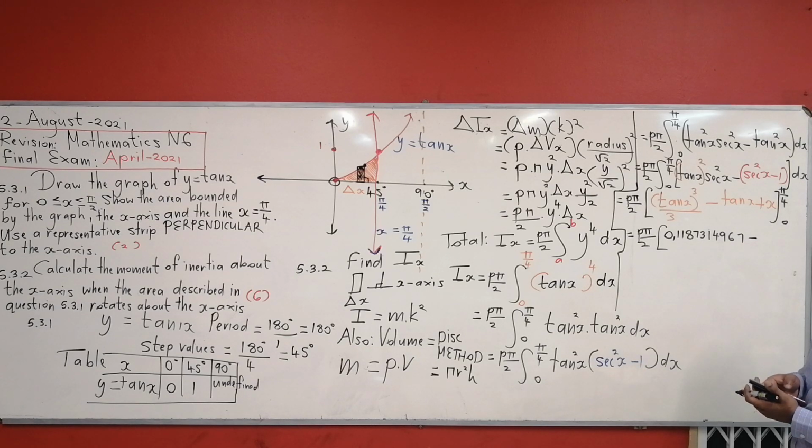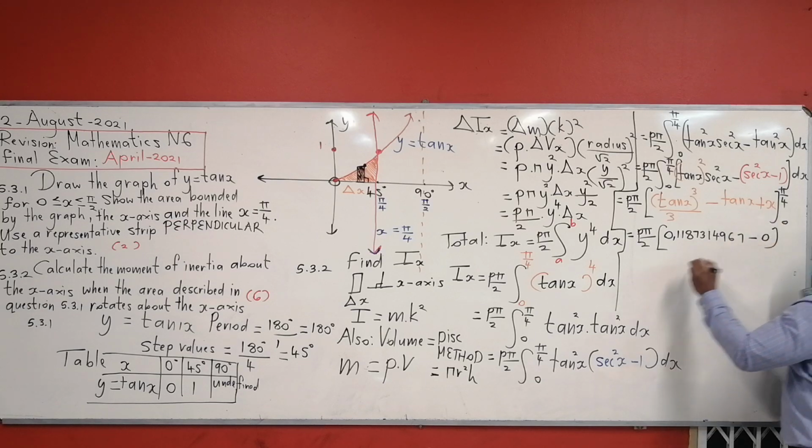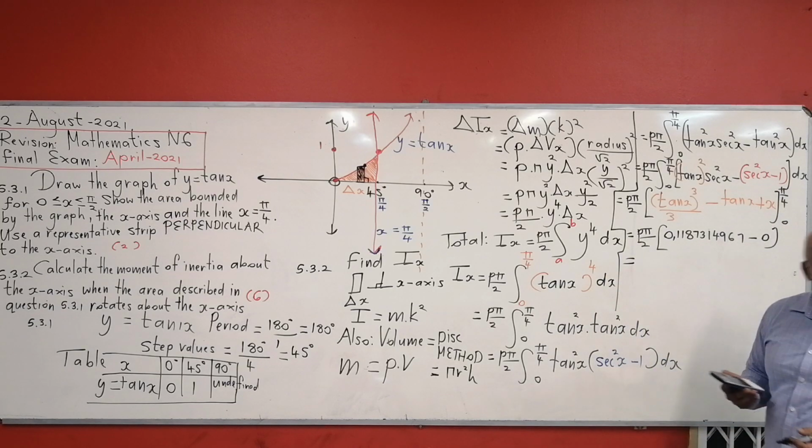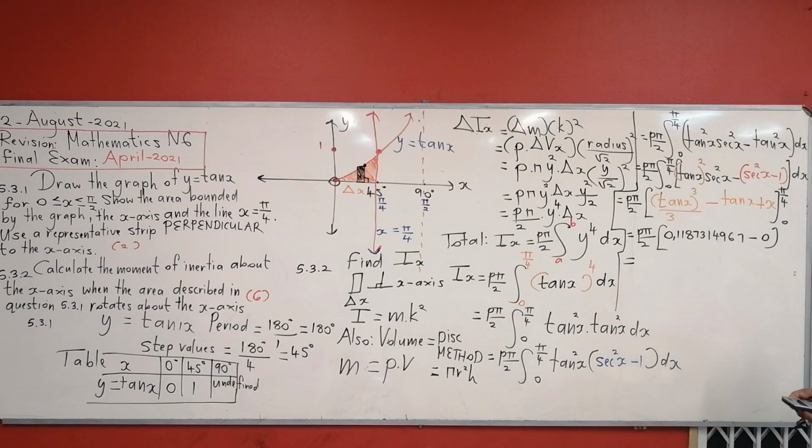Right, so now, everybody, anyone get the same answer? You must be fast. Right, so now we take this answer, 0.1187314, and multiply it by pi over 2.